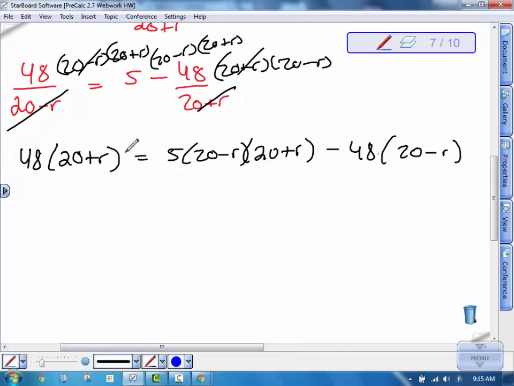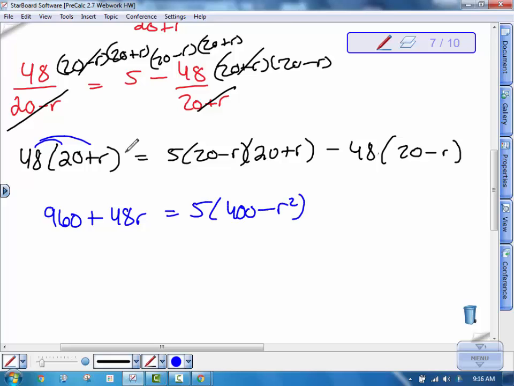So distribute: 48 times 20 is 960. If you FOIL these out, 5 times (400 minus r squared), because that's a difference of two squares right there. So that'd be 2000 minus 5r squared.